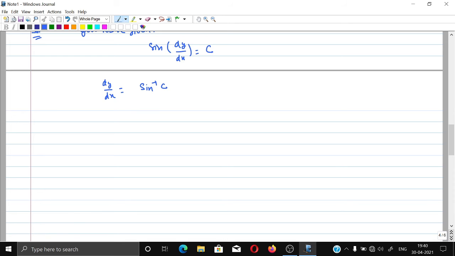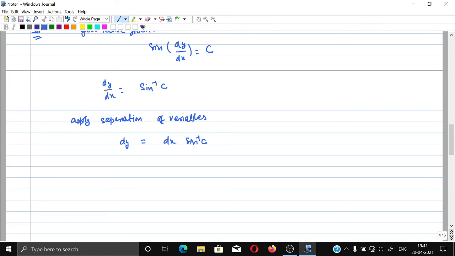Next step is you have to apply the separation of variables method. So dy = sin inverse c dx.